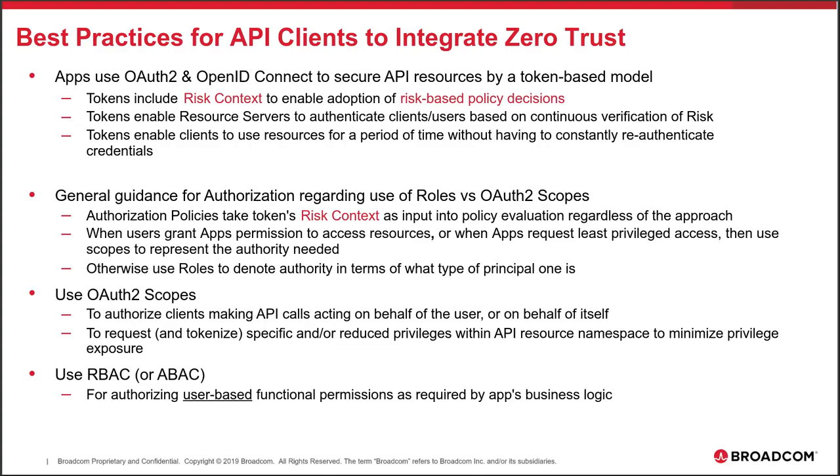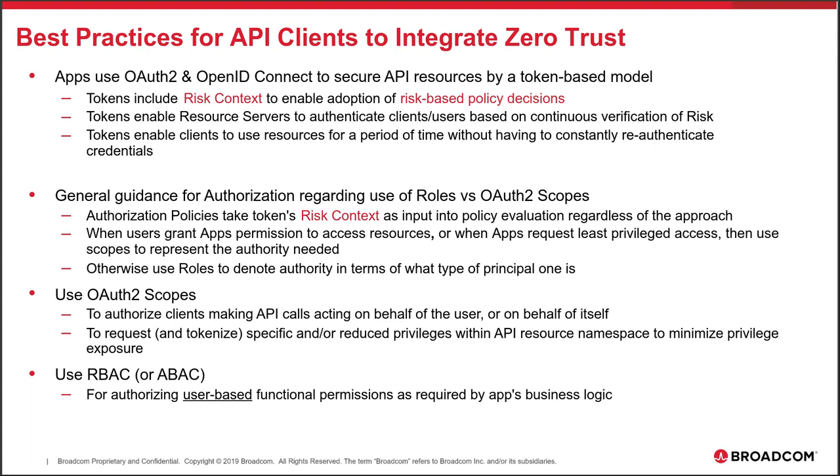However, the point is that we want to make sure that the authorization policies use the risk context as input into policy evaluation. And then from the access management perspective, the delegation of authority that these standards were designed to implement enables users to grant permissions for apps to access resources.